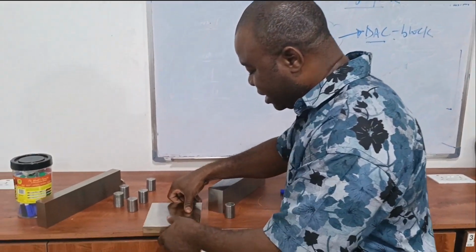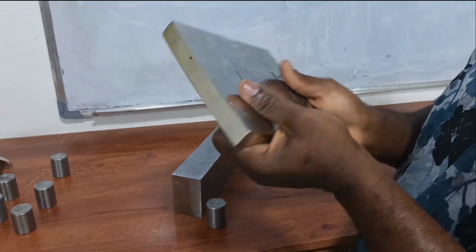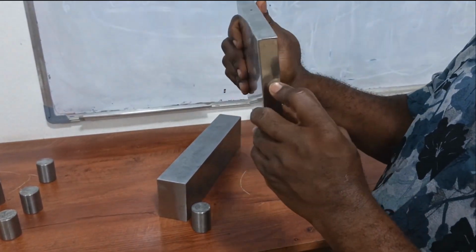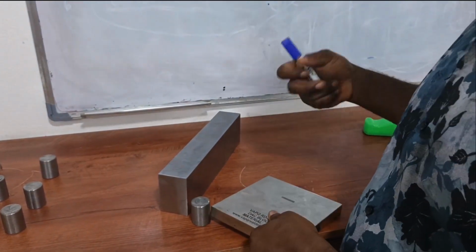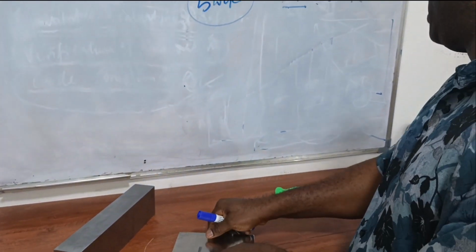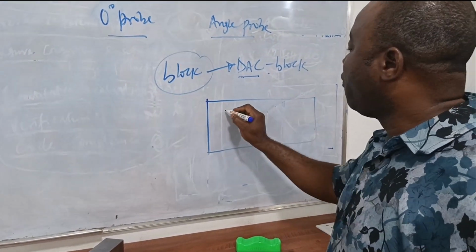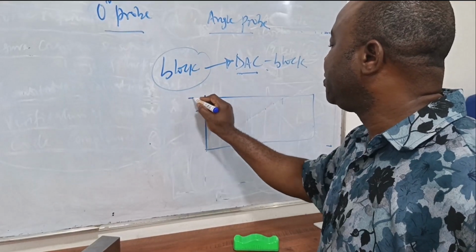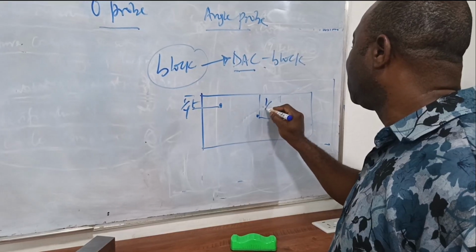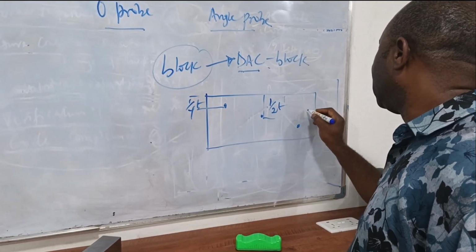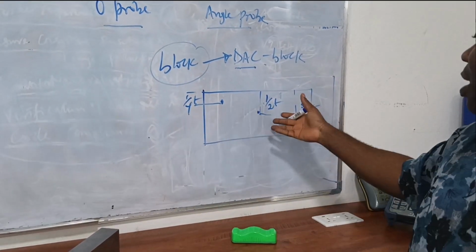If you look at this, you will see this is one hole, this is the second hole, and this is the third hole. Normally for these attenuation blocks, you have the holes at a quarter of the thickness, another at half of the thickness, and a third at 3/4 of the thickness, for most of the attenuation blocks.